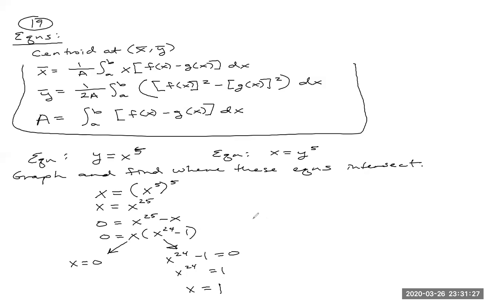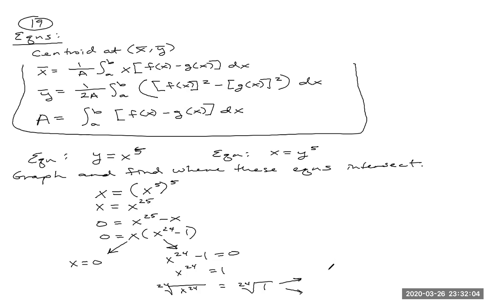Okay. Now let me be more particular about that part actually, because since we have an even root, so if I take the 24th root of x to the 24th and the 24th root of 1, remember from here I get two different options.